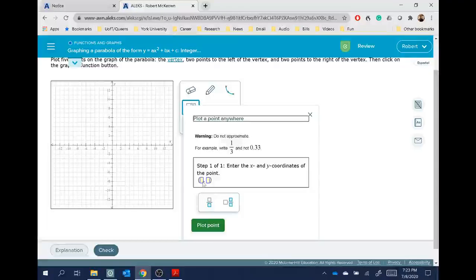And I'm going to go down to here, and I'm just going to put in all our coordinates that we calculated before. And notice that every time I do that and I click the plot a point button, a little X appears.